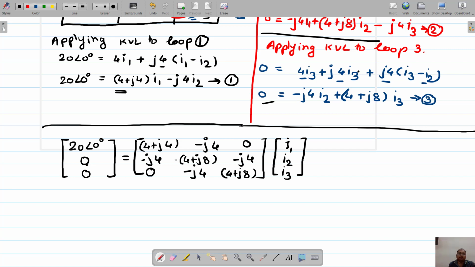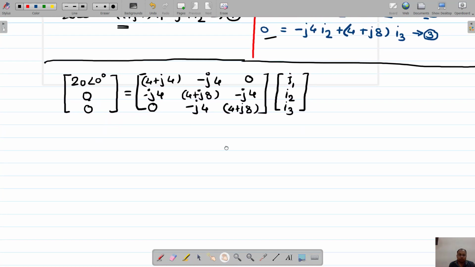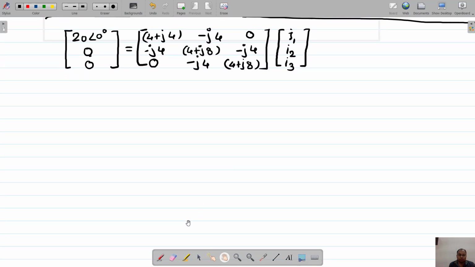Okay, fine. Now let us find out the determinant. We are going to find the determinant of this particular matrix.